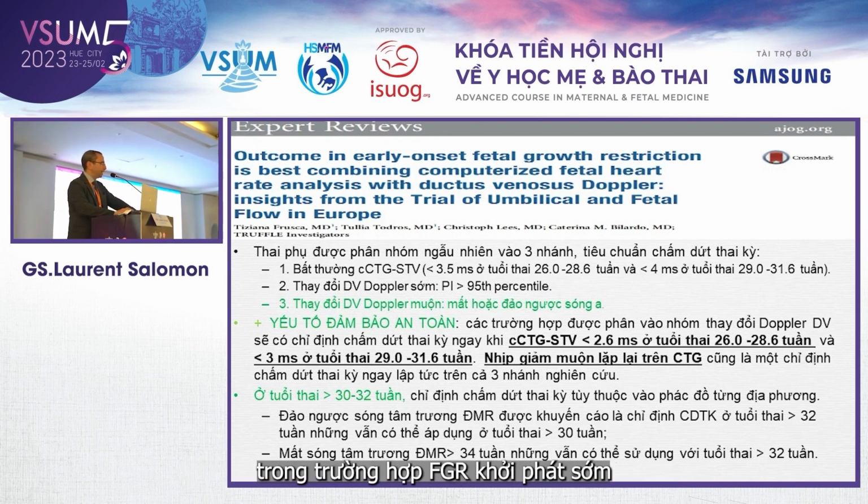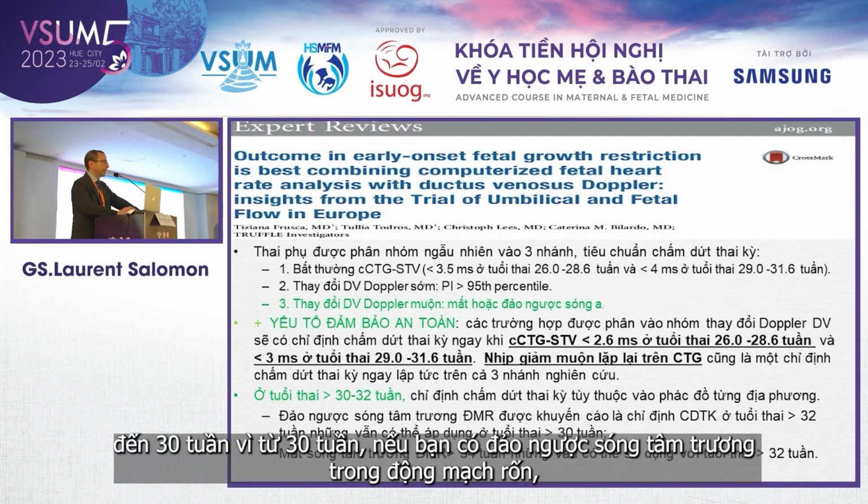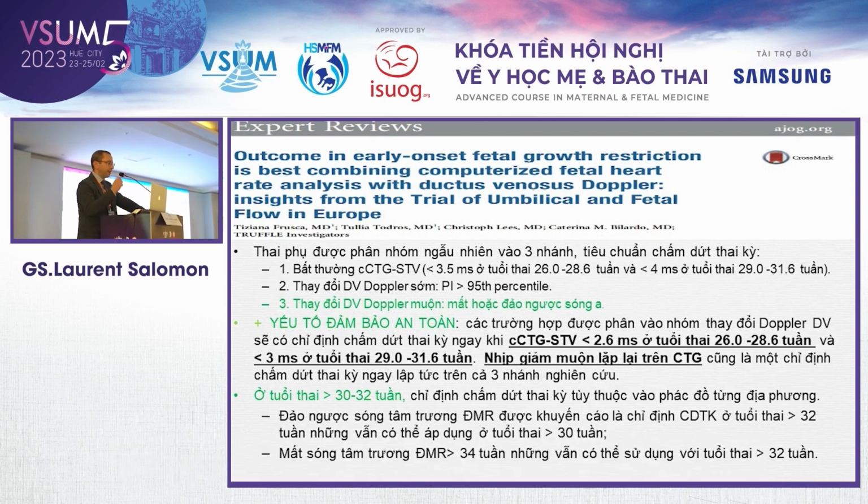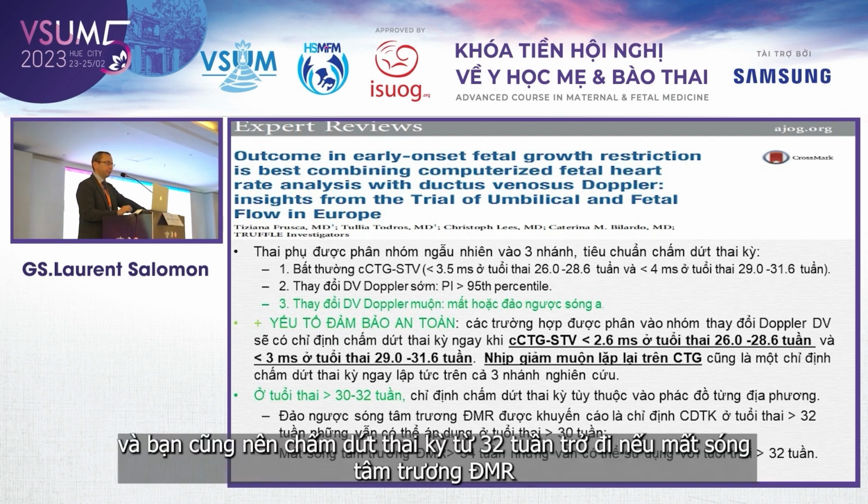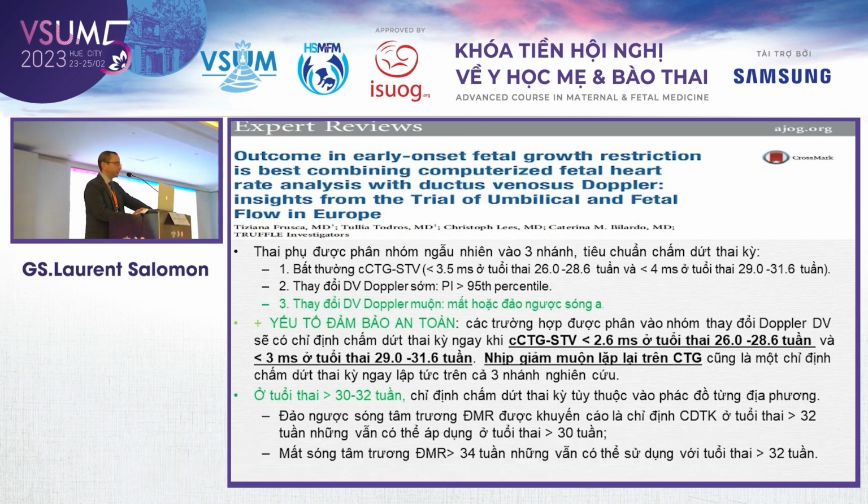And it's probably the appropriate trigger up to 30 weeks, because from 30 weeks, if you have a reverse end diastolic blood flow in the umbilical Doppler, you should probably deliver, and you should also probably deliver from 32 weeks onwards if you have an absent end diastolic blood flow in the umbilical artery.